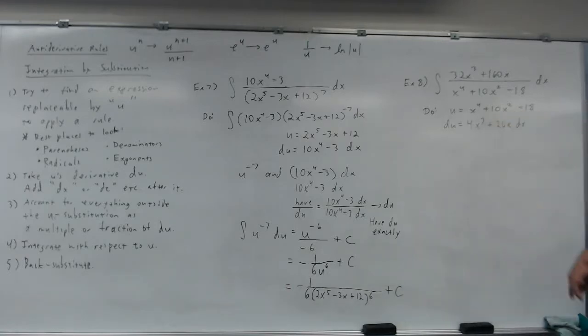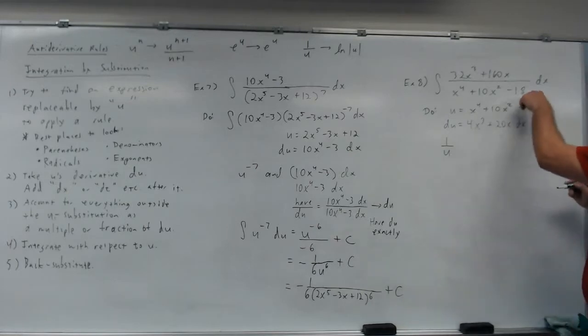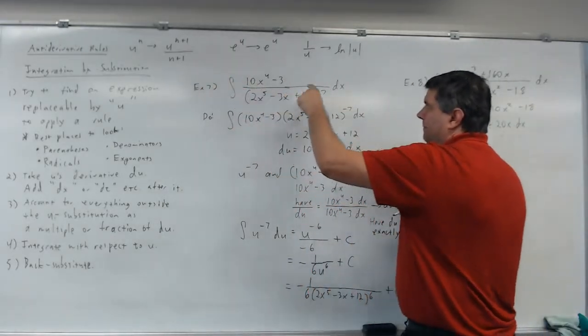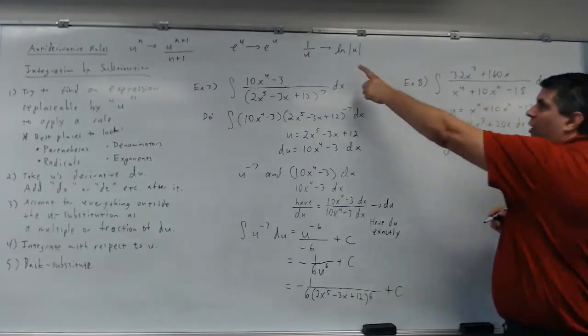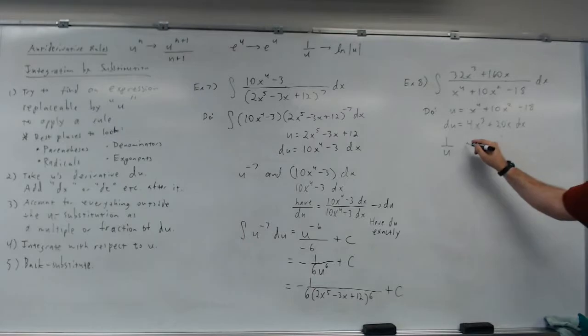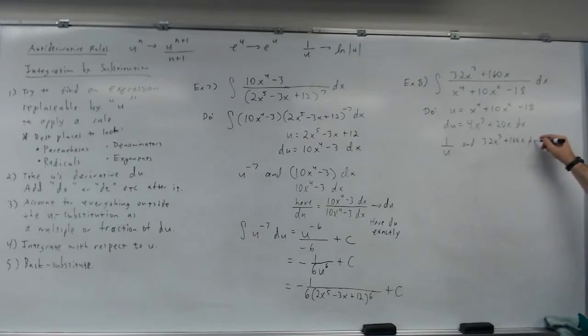Now, what I have is 1 over u, because that's not u to a non-1 power. Here, you'd want to use the other strategy, but because that's a power other than 1. But in this case, folks, you're going to need to follow this rule. So I have 1 over u and 32x cubed plus 160x dx.